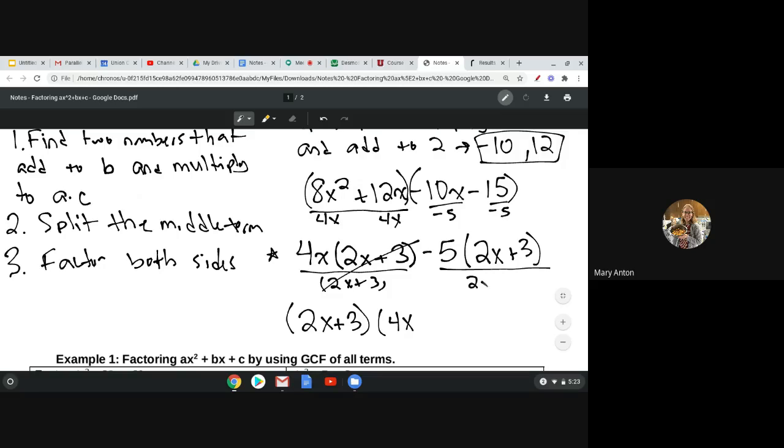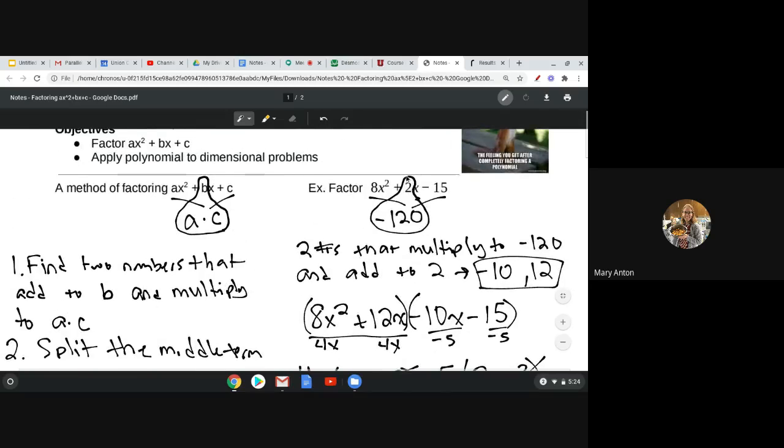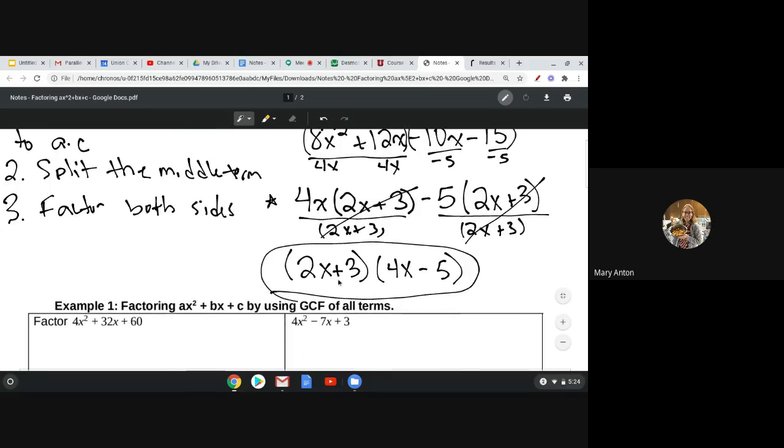If I divide the second term by a 2x plus 3, again, these 2x plus 3 terms cancel out, and this is just a minus 5. And this is our solution. So this means that 8x squared plus 2x minus 15 is equal to 2x plus 3 times 4x minus 5.